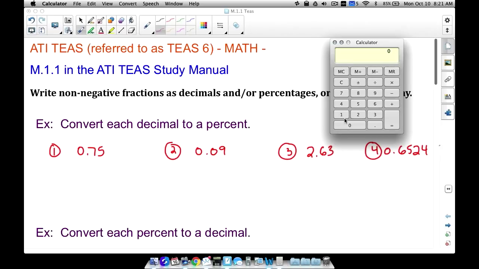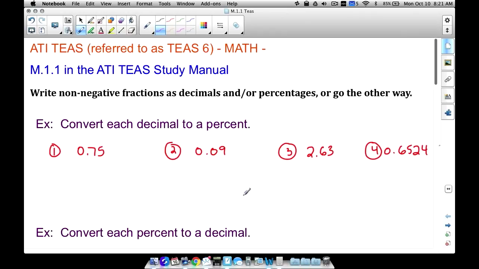I'm going to definitely use the calculator to show you how to get some of these answers much faster, but I'm still going to show you the nuts and bolts that really make the problem work the way they work. And one example here is you have to convert each decimal to a percent. Here's a way that I teach students how to remember which way to move the decimal. So D to P, think of this alphabetically.